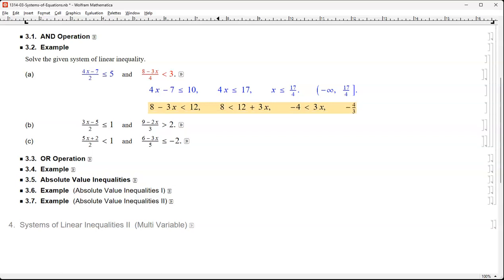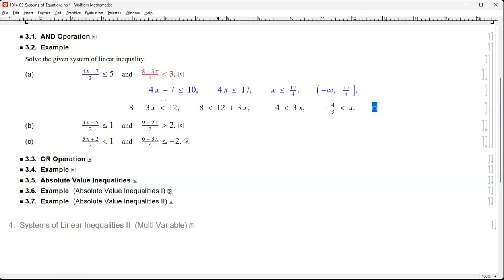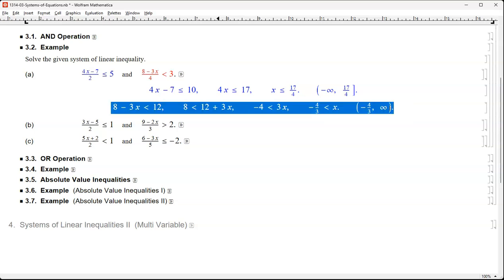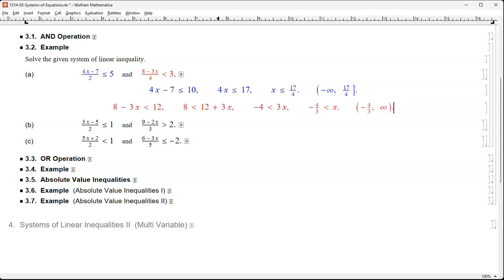Negative 4/3, and then like this. If you want an interval expression, it goes like this. So negative 4/3 to infinity, yeah, like this, yes. We don't have any bracket here this time. This is strict inequality, and that comes from the red inequality.